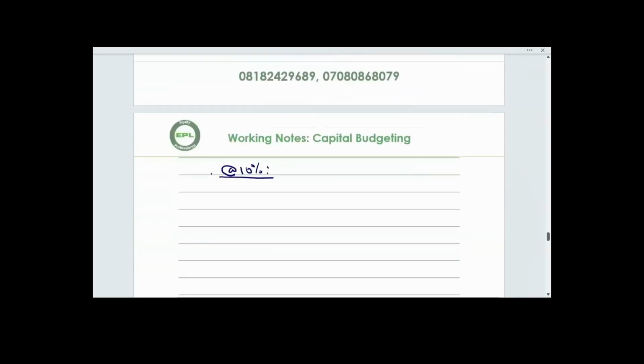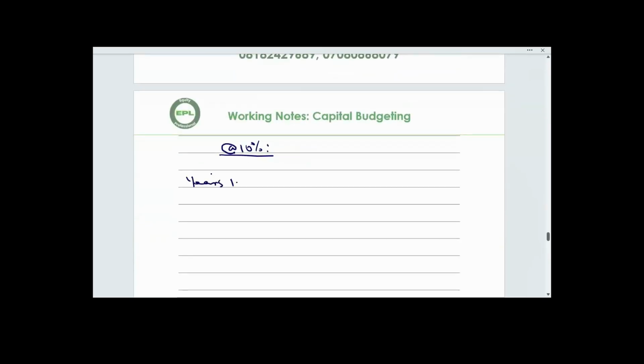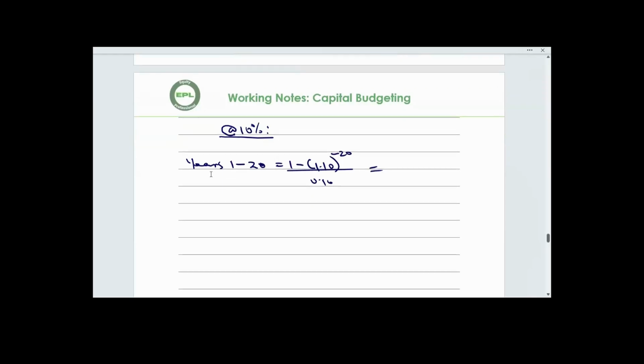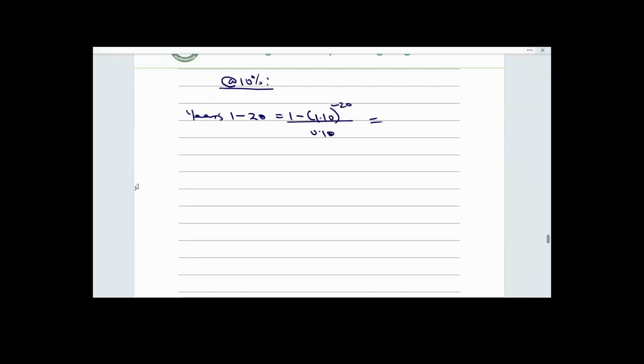So I will do for years 1 to 20 first, and we are assuming 10%, so that will be 1 minus 1.10 raised to power minus 20 over 0.10. What do you have there? Minister of Finance, are you still there with me? 8.514.